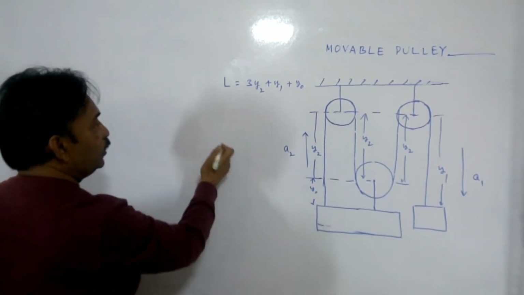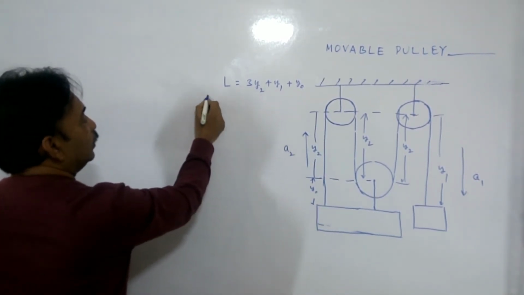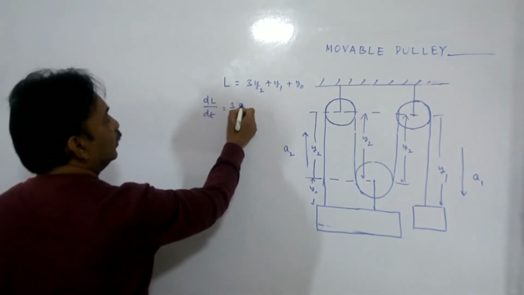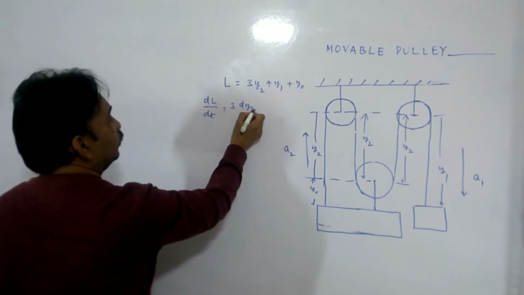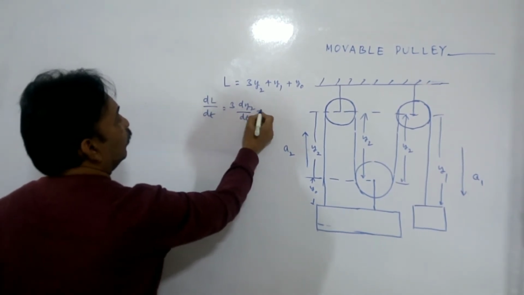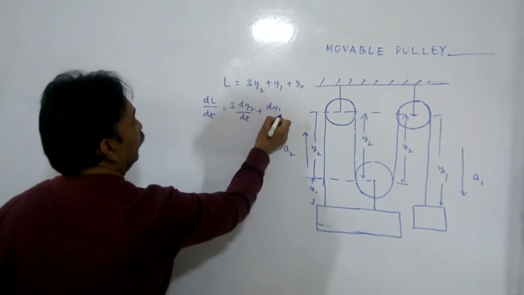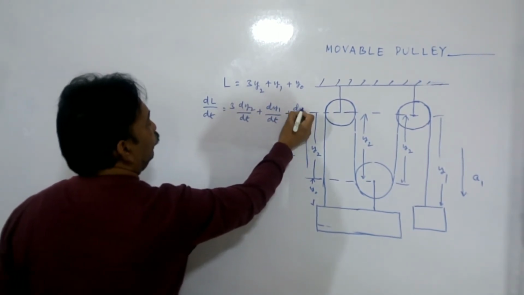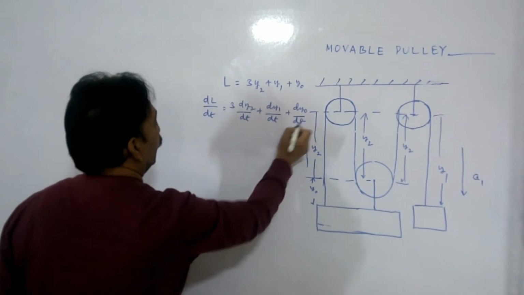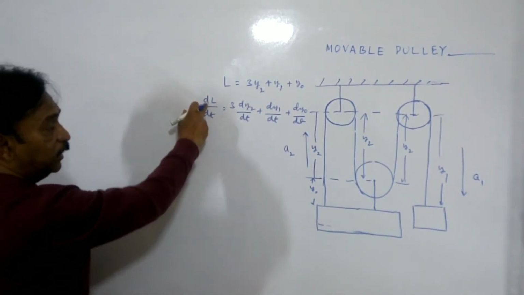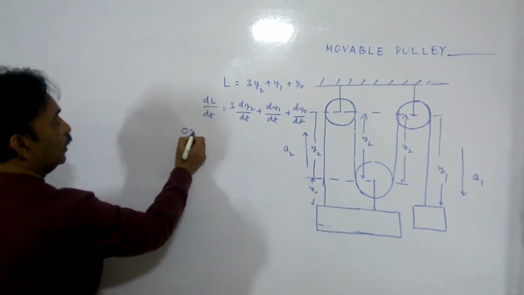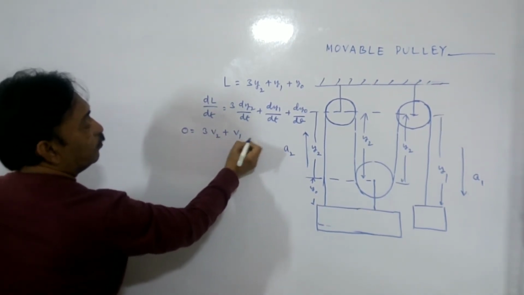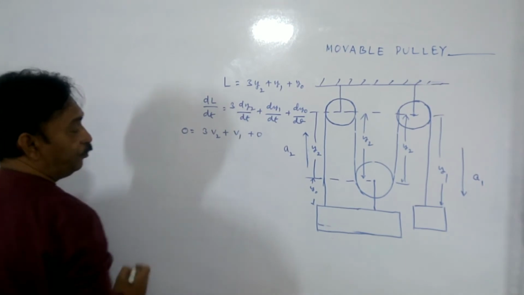Again you differentiate it, you get dl by dt is equal to 3 of dy2 by dt plus derivative of y1 by dt. Okay, students, here it is equal to 0. So 0 is equal to 3v2 plus v1 plus 0.